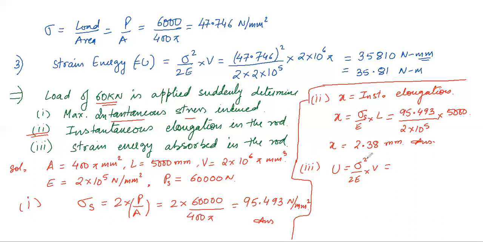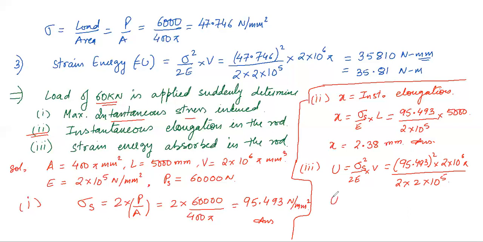In this question, the strain energy is directly proportional to stress squared, and if this stress is from a suddenly applied load, then the value is 95.493 whole square into volume, divided by 2 into 2 into 10 to the power 5, right?